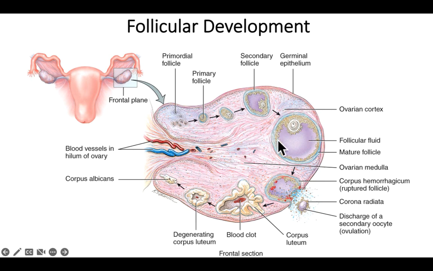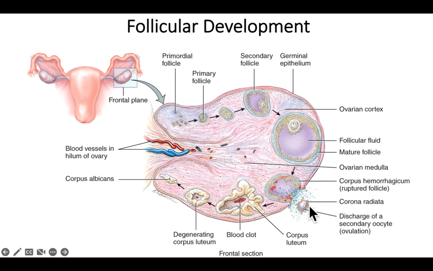And that's going to be the one that's going to ovulate its oocyte, and that oocyte will then enter the fallopian tube. Now, what's very important to understand is it's not just a single cell that gets ovulated. It's the secondary oocyte, and we'll talk more about what that means, but it's surrounded by a lot of other cells called the corona radiata.